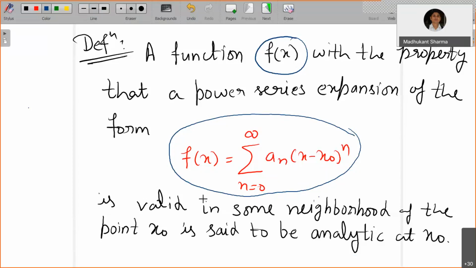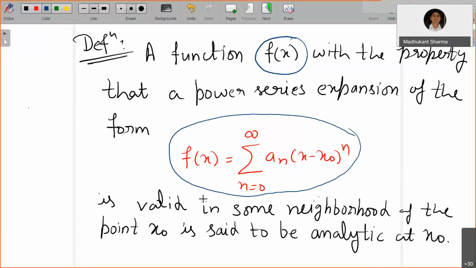So for example, you can take the exponential function e to the power x, for which you already know the Taylor series: 1 plus x plus x squared by 2 factorial plus x cubed by 3 factorial and so on. So it is a non-ending power series expansion of e to the power x. So you can certainly tell that the function is analytic about x equals 0.